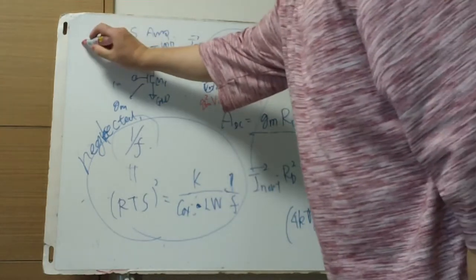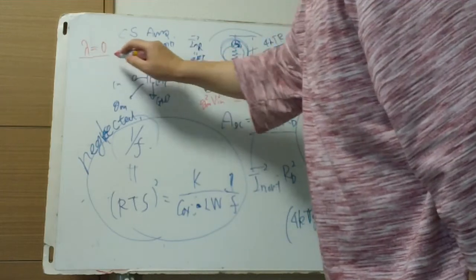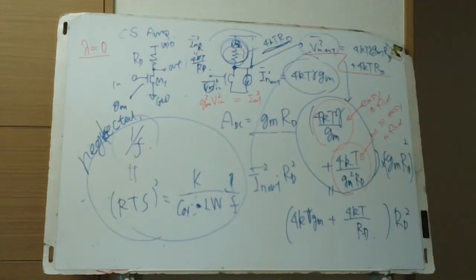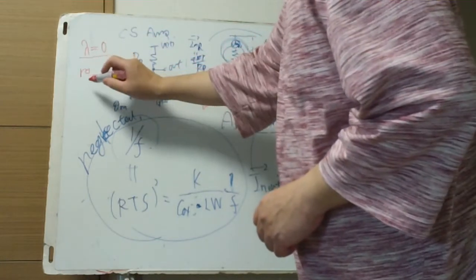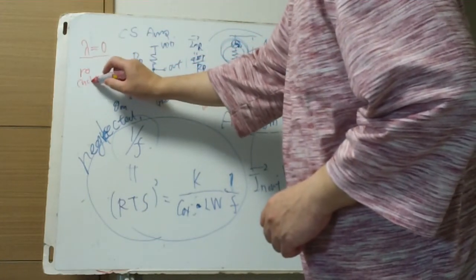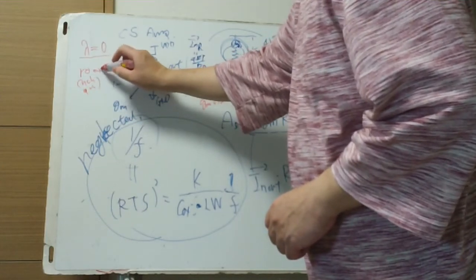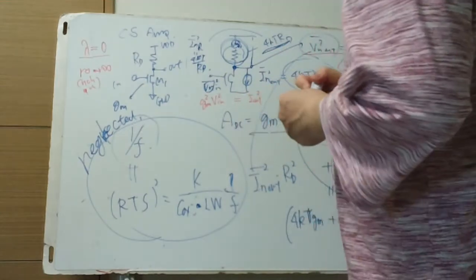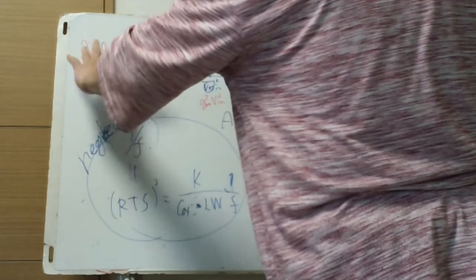Of course we assume lambda is 0, so the channel length modulation constant is zero, so RO of the NMOS or PMOS goes to infinity, so the parallel resistance of the channel is neglected.